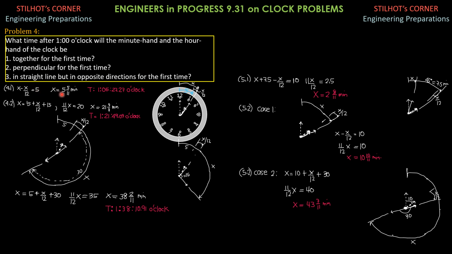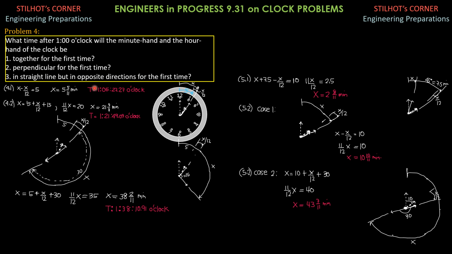Solving for x with your calculator, it is 5 and 5 over 11 minutes. So therefore, the time, 5 over 11 times 60 to convert it to seconds. So the time is 1 o'clock, 1:05 and 27.27. So 1 o'clock, 5 is minutes, and this is seconds.